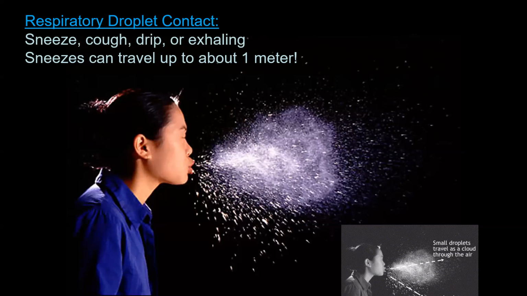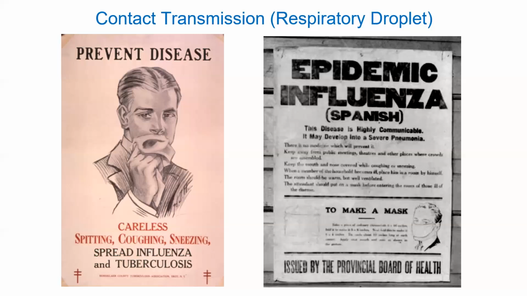If I had a soccer ball here and I toss it to you, gravity is going to bring it down. So this is all just physics. This is why they're recommending physical distancing. You can see all these notes from historical epidemics and pandemics where they're recommending some of the same things.